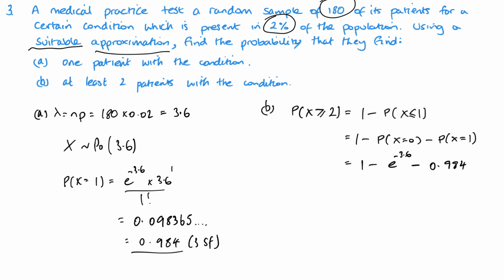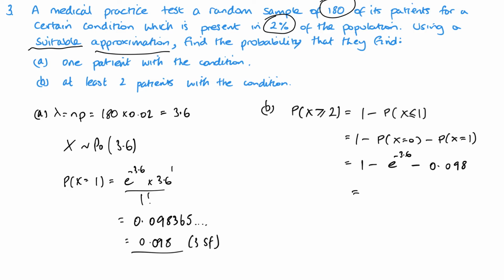So here I've got e to the minus 3.6 minus my 0.984. Oh, sorry. Actually, I kind of have messed that up, haven't I? Missed out the 0 earlier. So to 3 significant figures, it's 0.0984, isn't it? As the next number was 3. So that's what we're looking at. Obviously, I'm going to use the full value in. I'm just going to take this full value as it's already in my calculator.